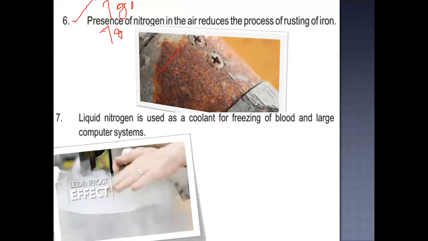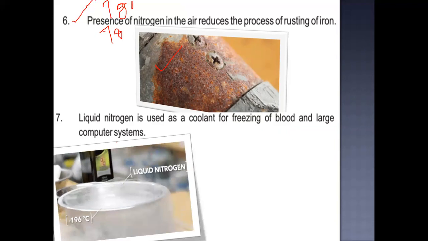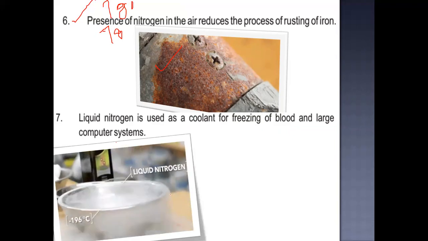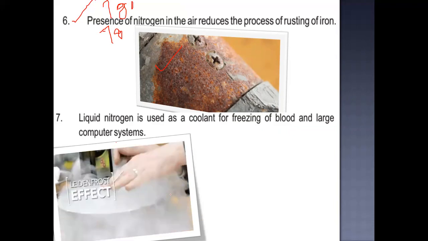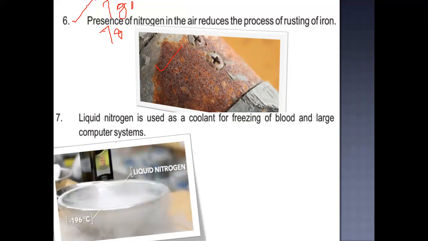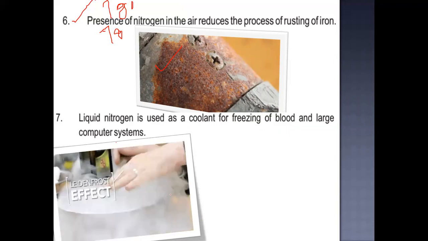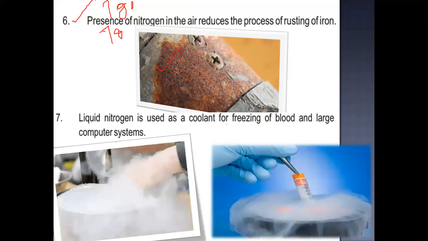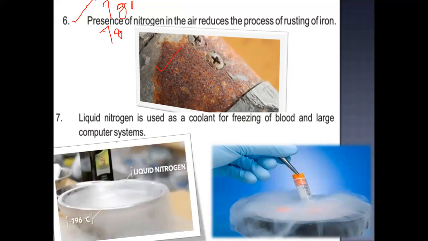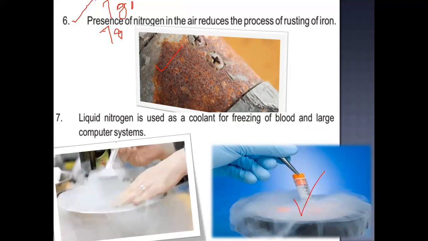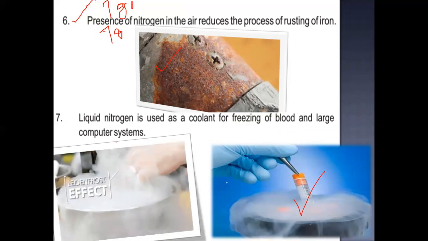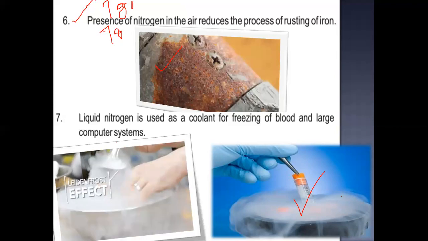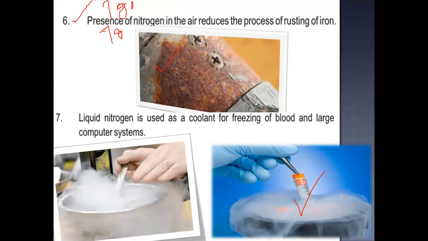It has a temperature of minus 196 degrees Celsius, and it is used as a coolant, as a refrigerant, for freezing purposes, for cooling large computer equipment and systems, as well as widely in the freezing of blood, and also some tissues and serum in blood banks.